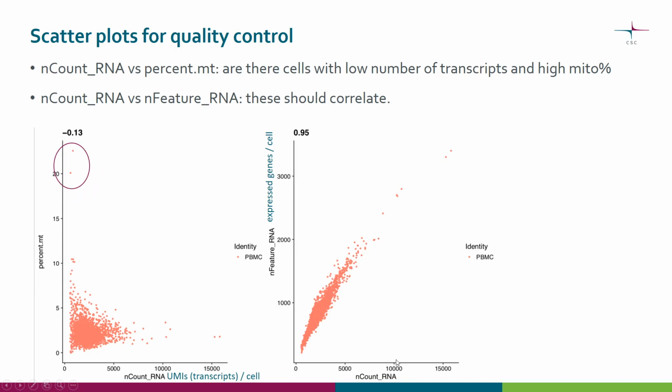In this other one, we have the number of expressed genes per cell and number of transcripts per cell. Here you would expect a relatively good correlation. In other words, if the number of genes expressed and detected increases, then also the number of transcripts or the UMIs should increase.